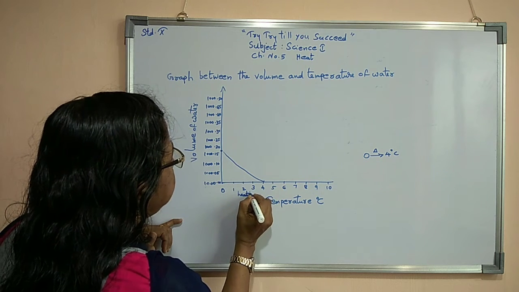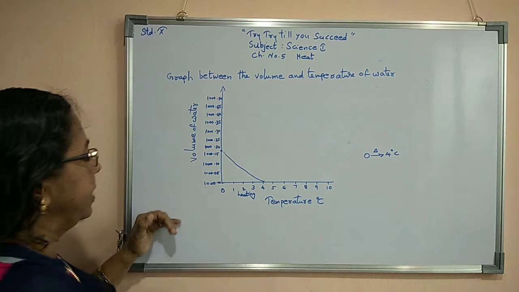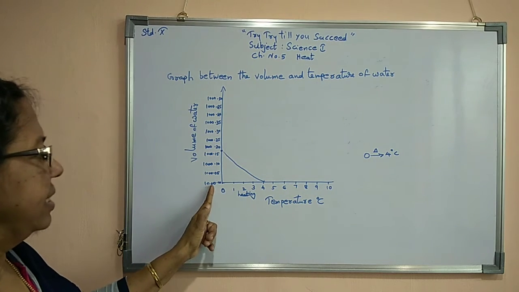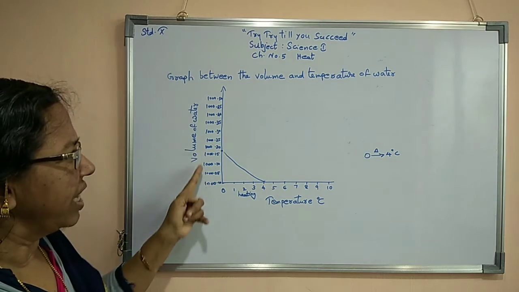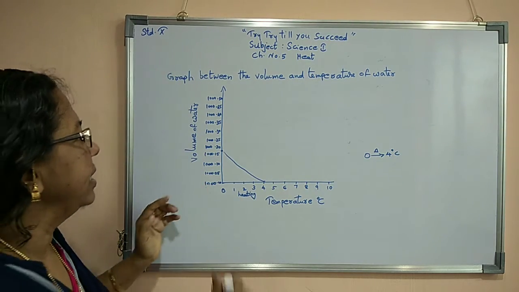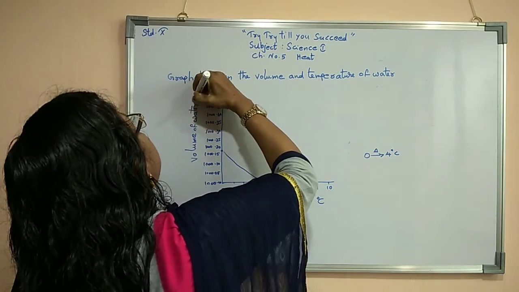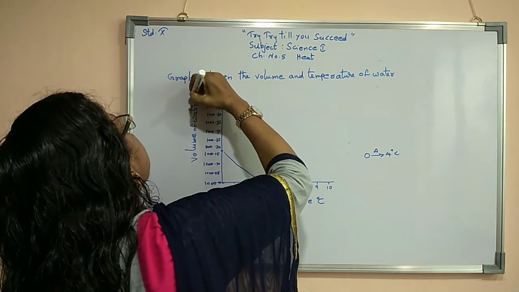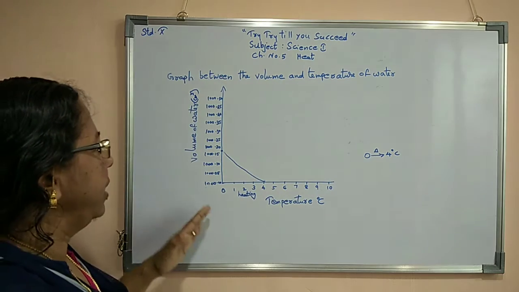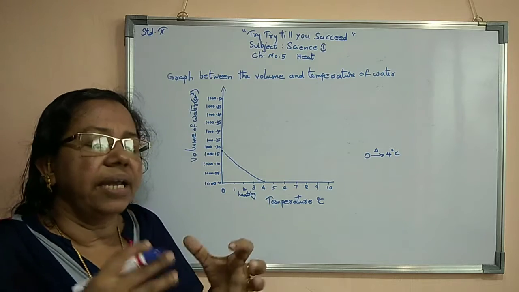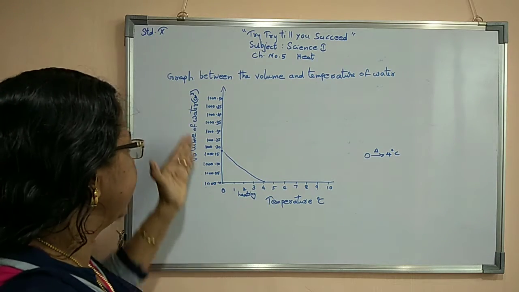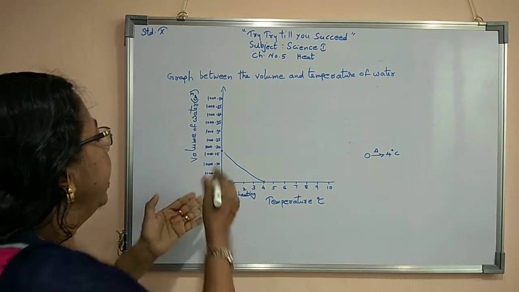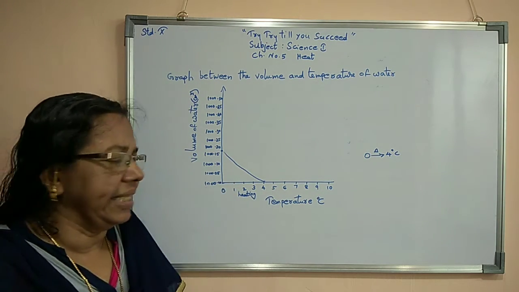As and when we heat, this is the volume of the water shown, here in centimeter cube. So here we have taken 1 kg water, and its size keeps on changing.